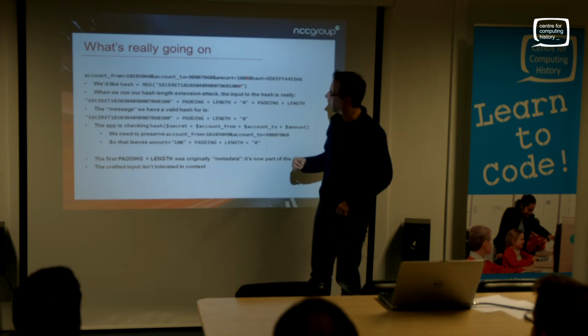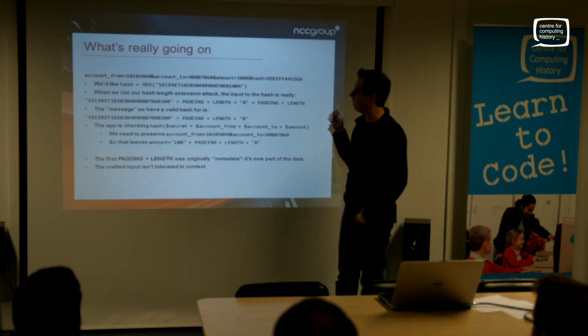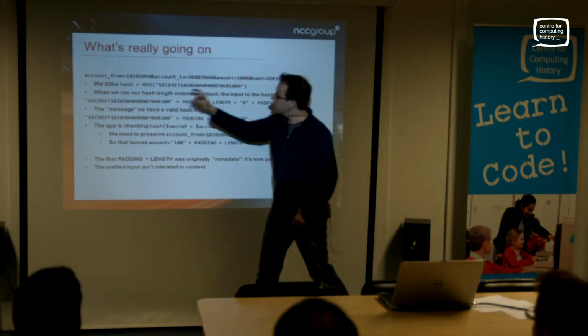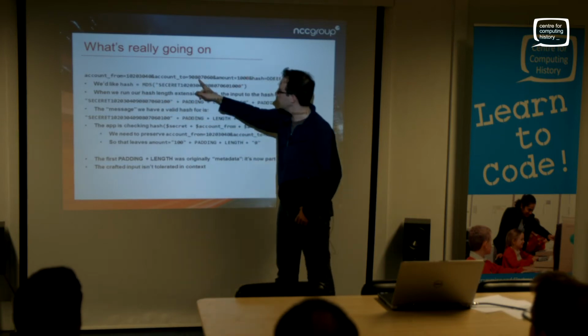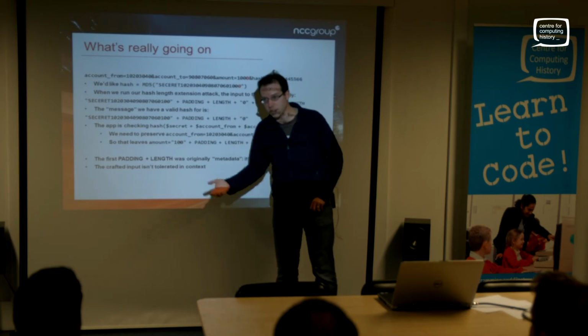So we've actually got some padding and length in there that we've got to take account of, because that original hash, which was AA, BB, whatever it was, was the hash of the secret concatenated with 100 with some padding and some length.